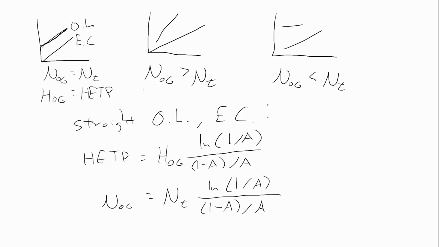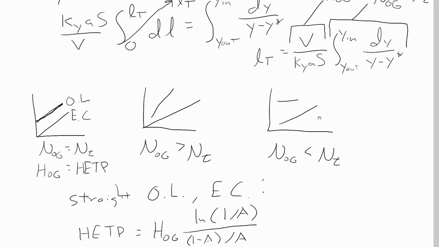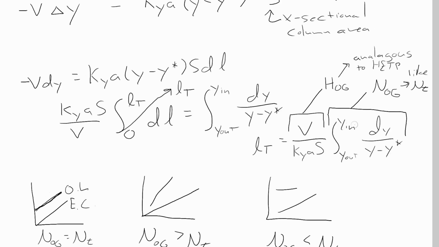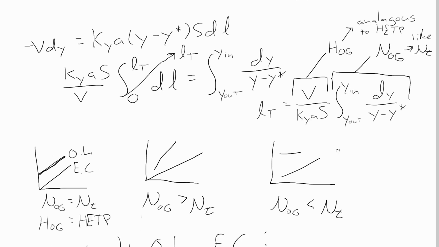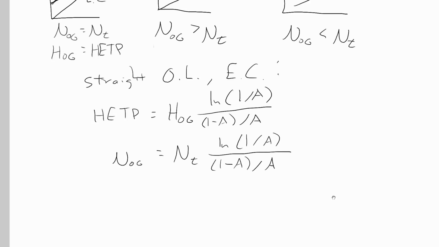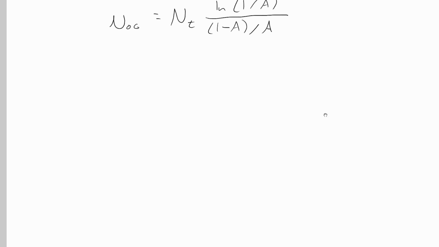It's also possible to come up with a general expression for NOG, the number of gas phase mass transfer units, if you have a straight operating line and a straight equilibrium curve. Okay, so again, for a straight operating line and a straight equilibrium curve, you can integrate the integrand in the expression for NOG, right? So that integrand is simply 1 over y minus y star.